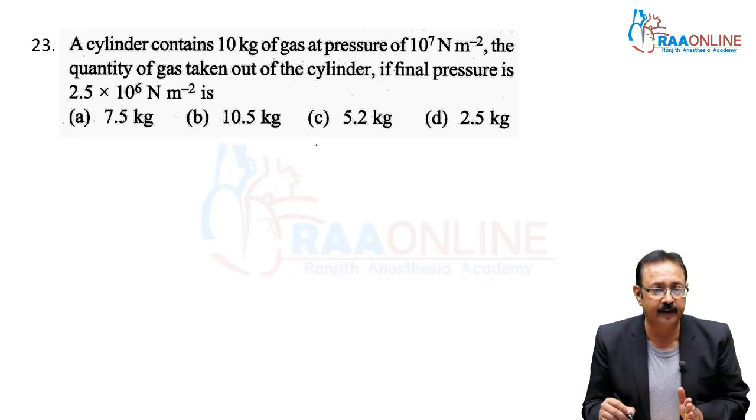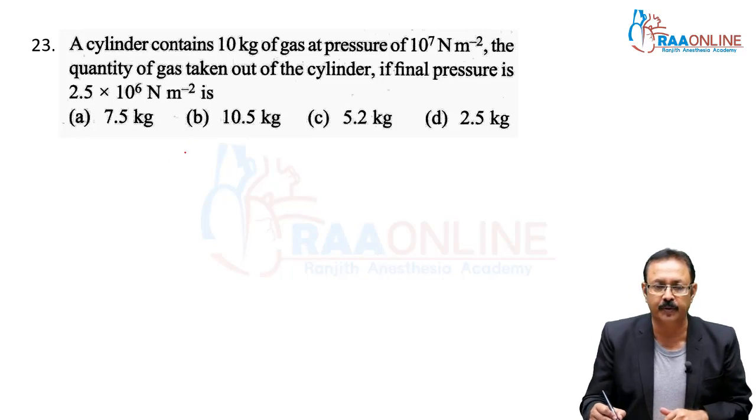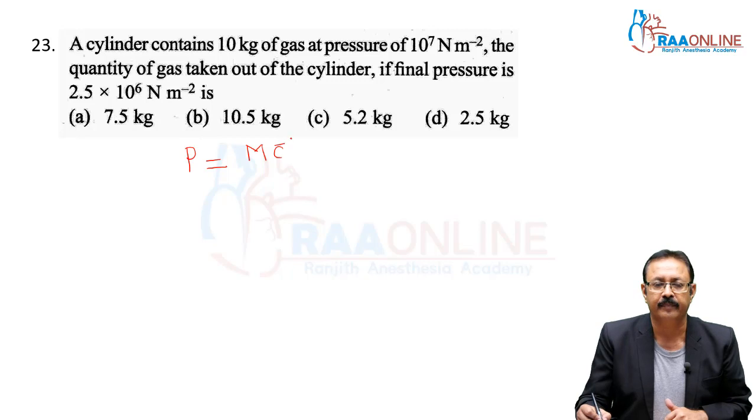The problem is not very tough. Why? We did the complete derivation. I told you, remember only one formula. How did you calculate the pressure? Pressure inside the container was P equals m c bar square divided by 3V.